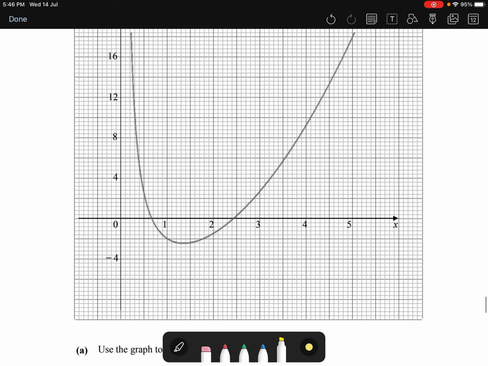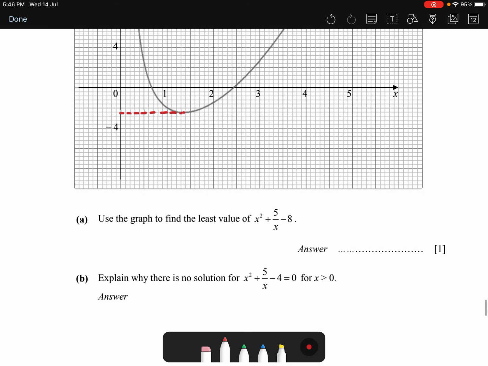The least value we can see is right around this point, about y equals negative 2.4.